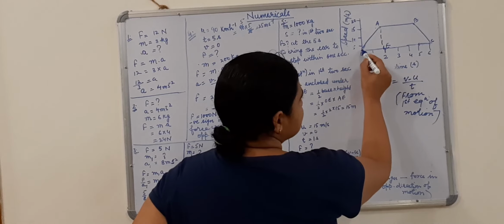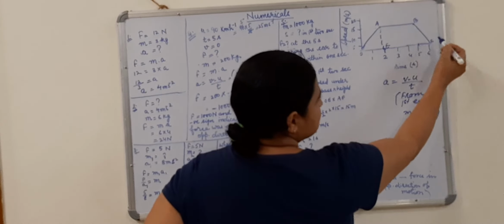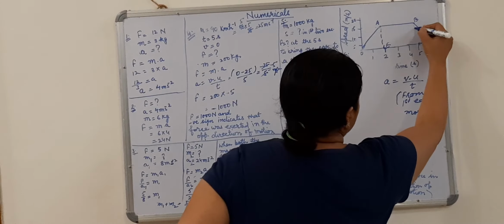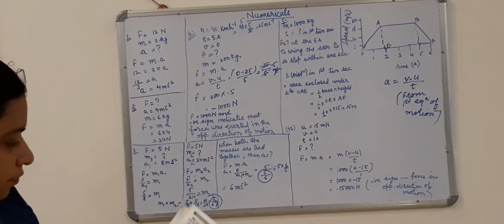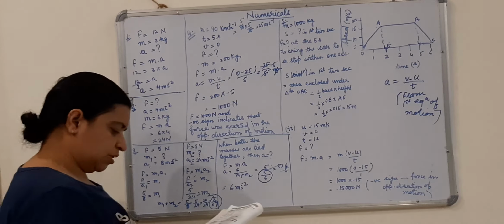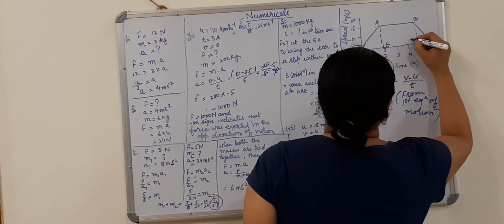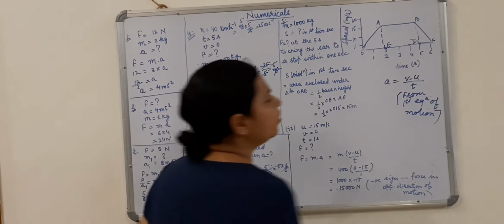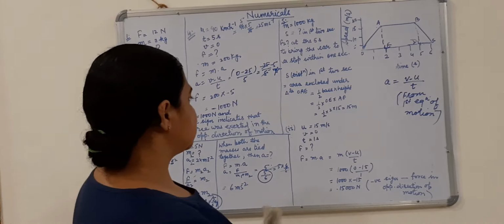Here you can see this is 0. Corresponding to this, it is coming down. This is also 0. So let me draw a line here. So children, in this case, let me give it the names B, C, D. But here we do not need to find out the distance, so let it be.